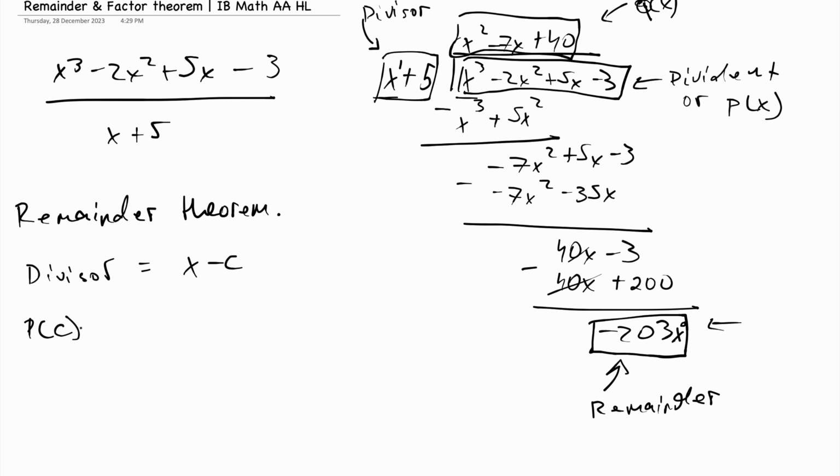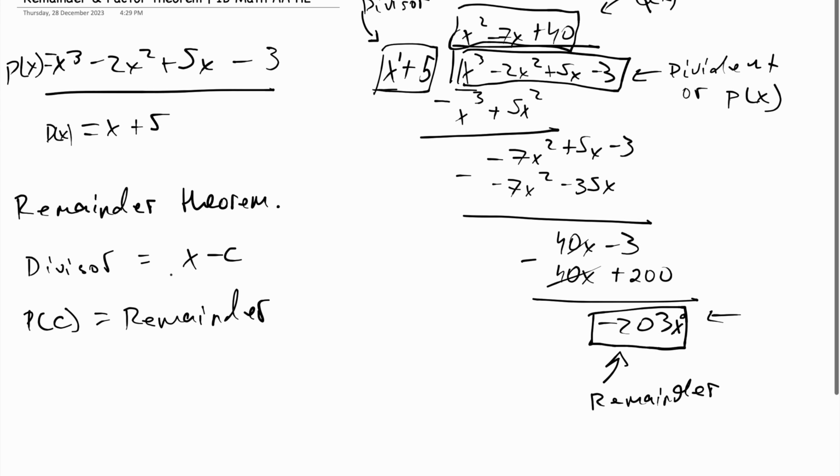P of x, then p of c would be the remainder, okay? Let's say that this is d of x, our divisor, and this is p of x, okay? So now it makes more sense. We say p of c is our remainder, okay?